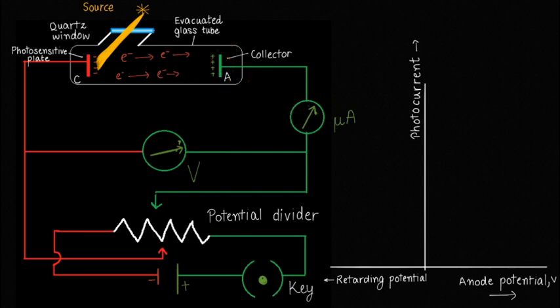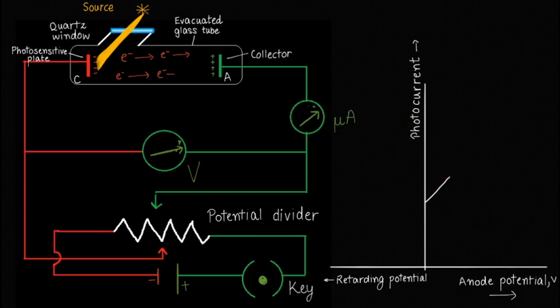This continues till a particular value of the potential, or let us say till a constant value of a current. Let us focus on the graph. If I increase the anode potential, the current also increases till a particular value of the current.